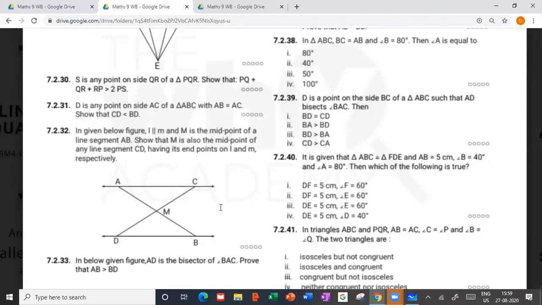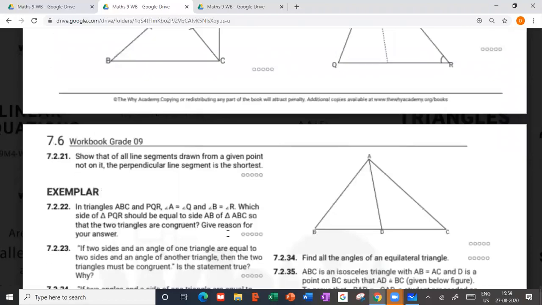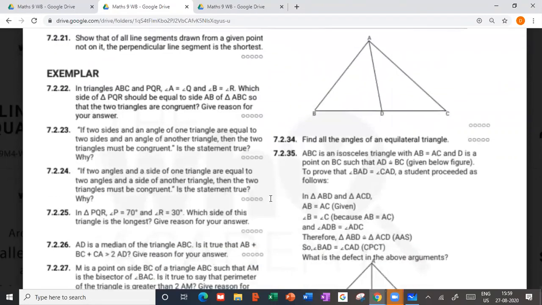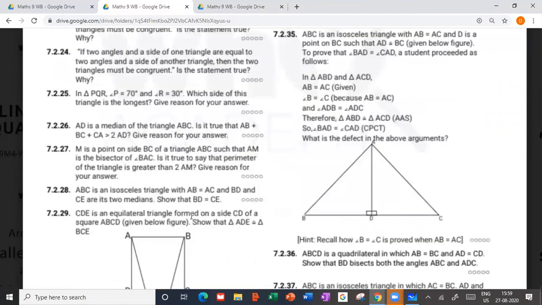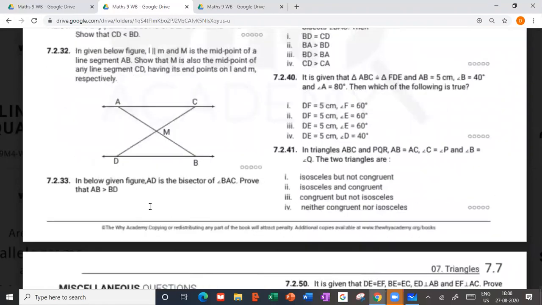Okay, shall we do the question to find all angles of an equilateral triangle? That's a very simple question. Which question should we do? Can you try the 32nd one?